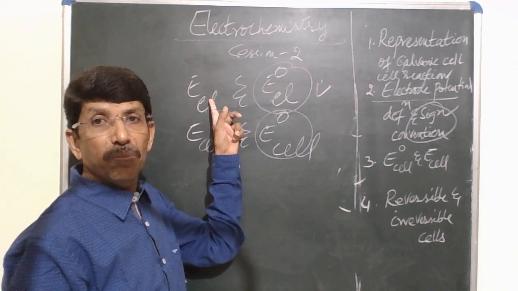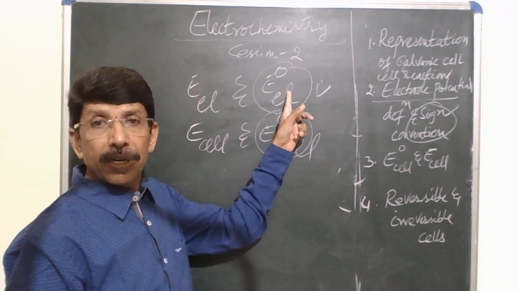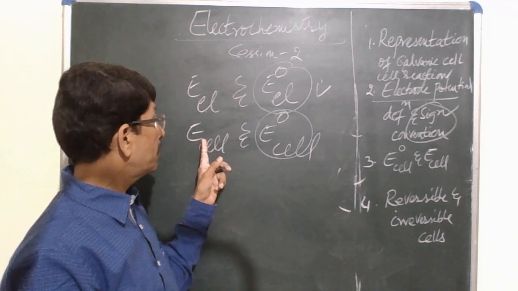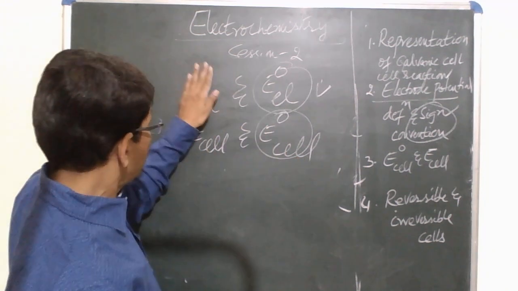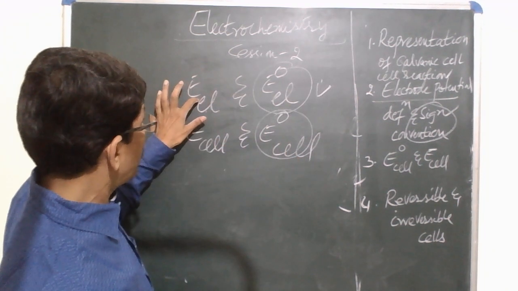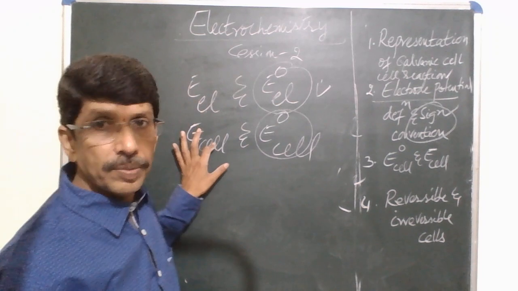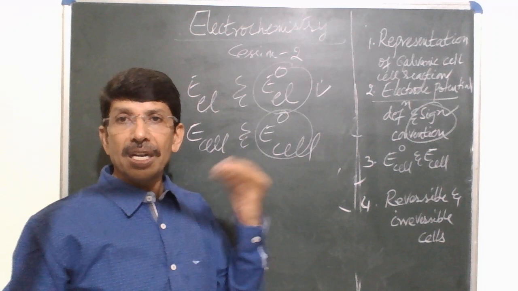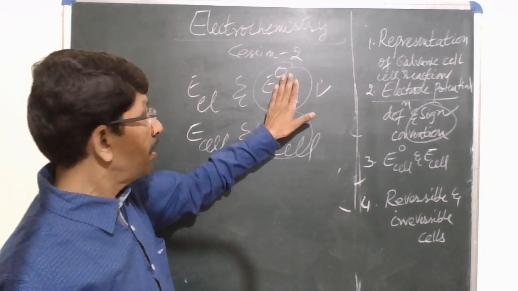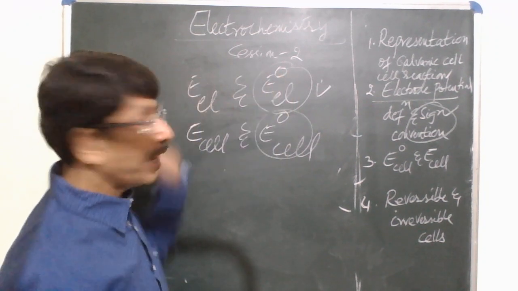E electrode is simply the electrode potential, E naught electrode is the standard electrode potential. Similarly, this is the EMF of the cell, this is the standard EMF of the cell. These two are variable. With change in temperature and concentration, these change. Whereas these are constant because you are fixing the concentration and the temperature. So these are constants and these are variables.